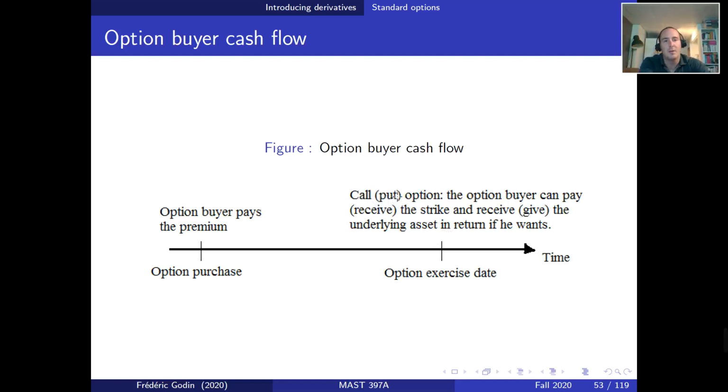If you're the buyer of a call option, then you can pay the strike price on the exercise date and receive the underlying asset in return. Okay, and this option exercise date is decided by the contract, but let's say we have a European option, this date is fixed, but at that date, the option buyer can decide whether or not this exchange will be made. Okay, so if he decides not to make the exchange, then at this date there will be zero cash flows.